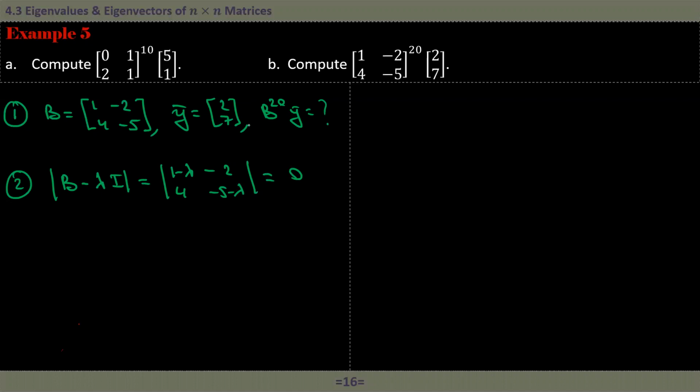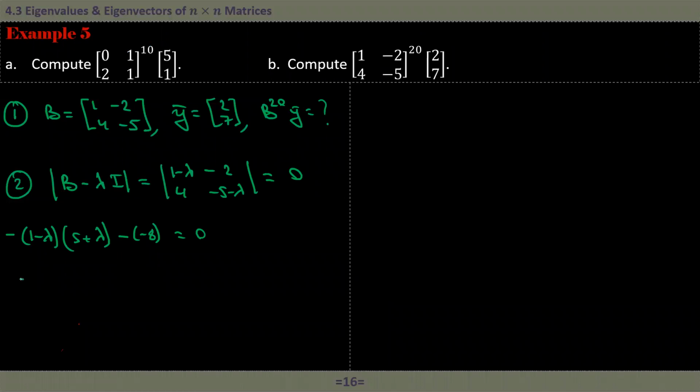We have to solve this equation. We have (1 minus lambda) times (-5 minus lambda) minus (-2 times 4), that's minus (-8), equal to 0.